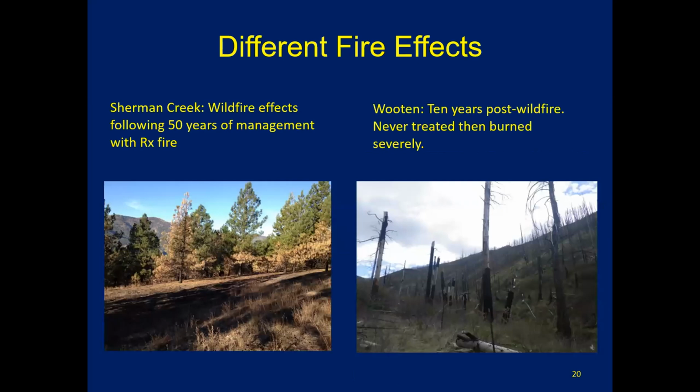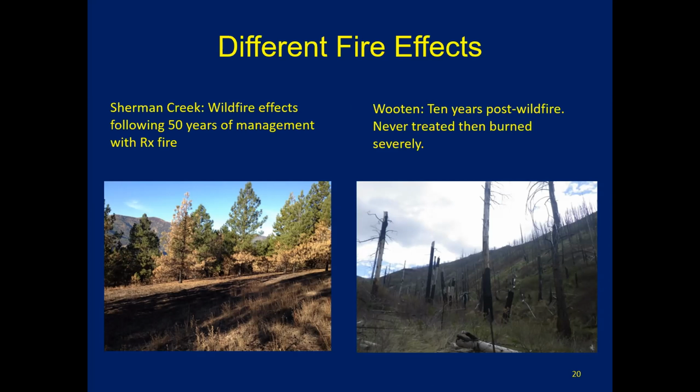So, you know, I started off talking about what kind of fire effects do we want to see on our landscape. I think these two pictures pretty well explain themselves. On the left, on our Sherman Creek Wildlife Area over near Kettle Falls, prescribed fire has been used for a lot of years.